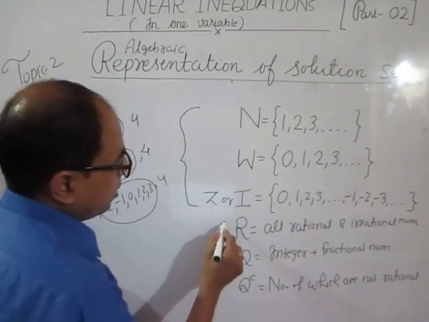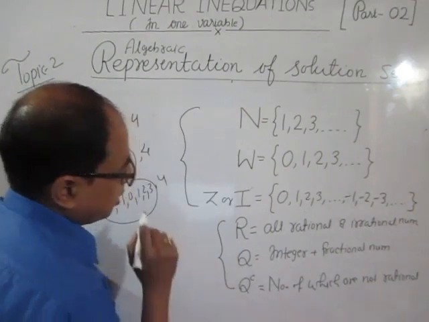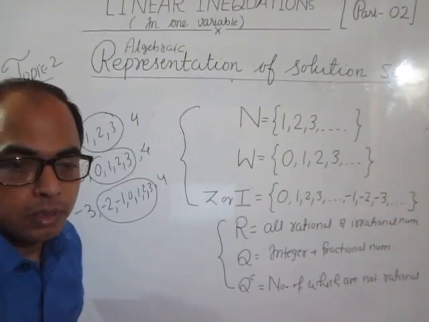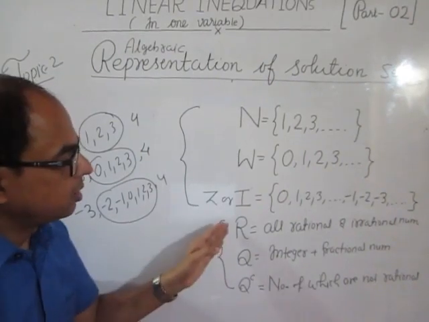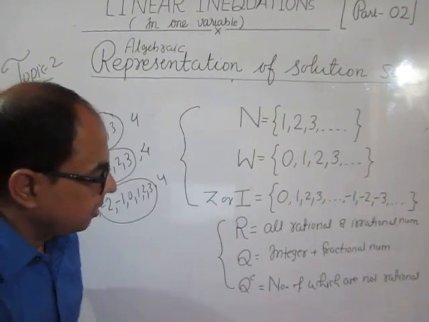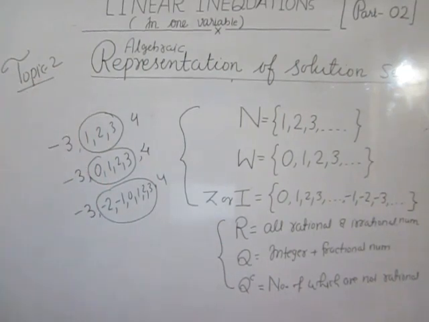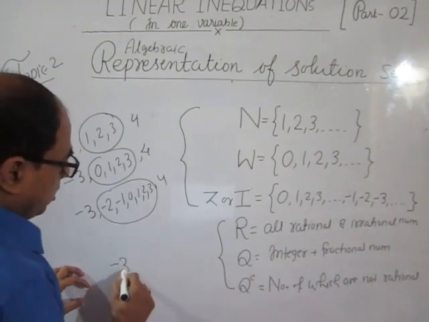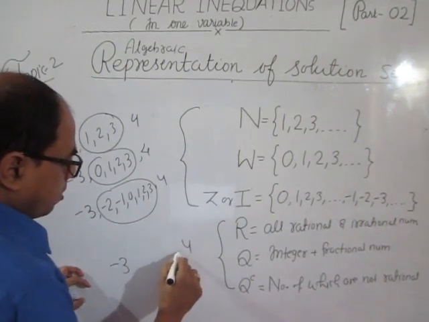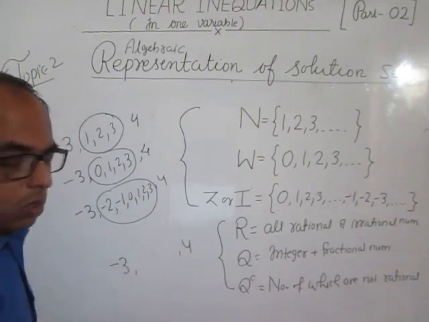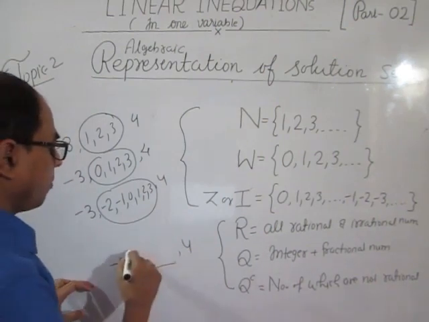But in these three sets we are not able to make the list of numbers, because these are continuous sets of numbers. If I say, what are the rational numbers or what are the real numbers between -3 and 4, you are not able to make the list.